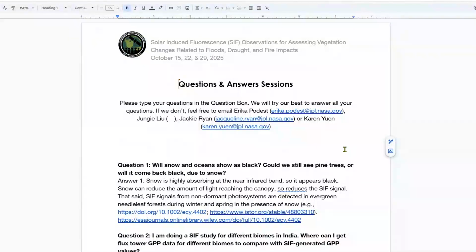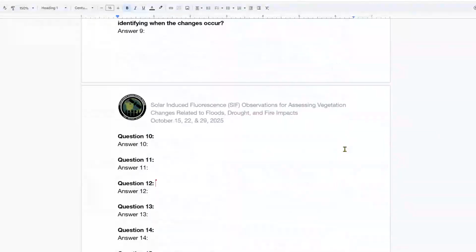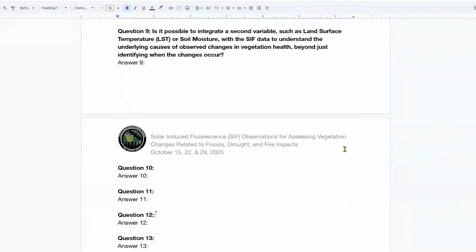On the OCO-3 website, there's a recently released product that combines ECOSTRESS with OCO-3. ECOSTRESS provides land surface temperature, and it enables you to calculate water use efficiency. So if we do eventually do an advanced course, that might be a topic we would cover there.